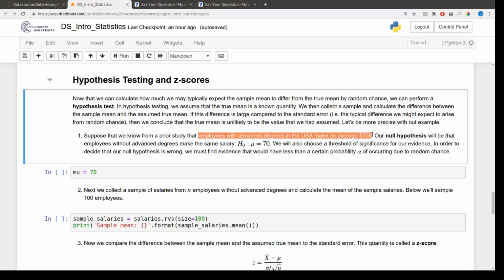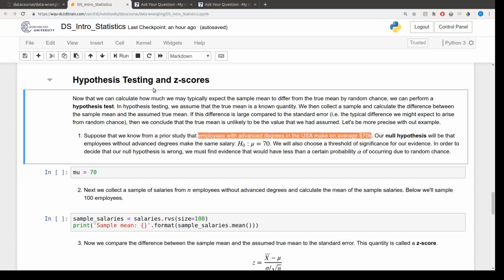In this case, we're going to make what's called a null hypothesis. And this is the thing we're assuming to be true: that employees without advanced degrees also make an average of $70,000 a year. So we don't need to base it upon this prior knowledge.